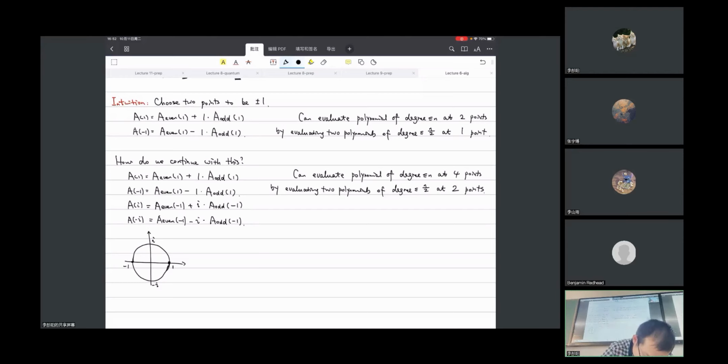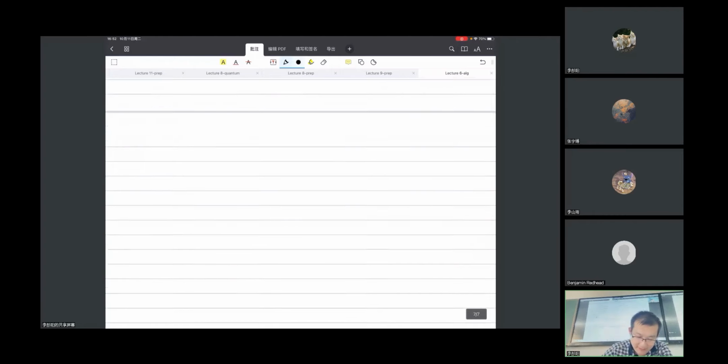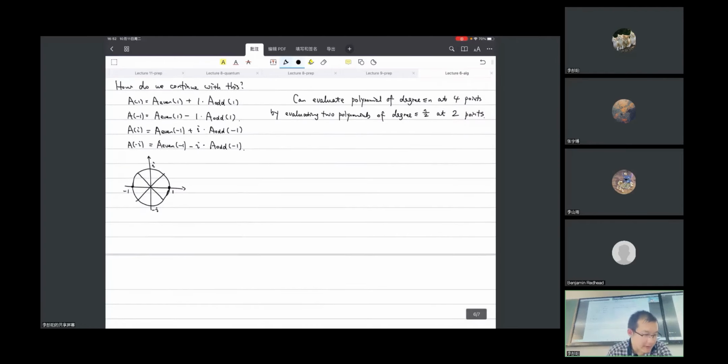So maybe the next thing we want to consider is to further do this, in general, with imaginary units on the unit circle, and hopefully these can be helpful for us. This is just an intuition, I guess.